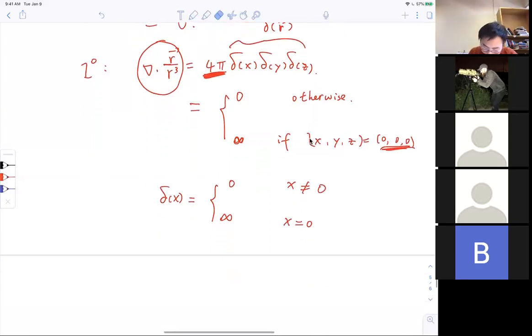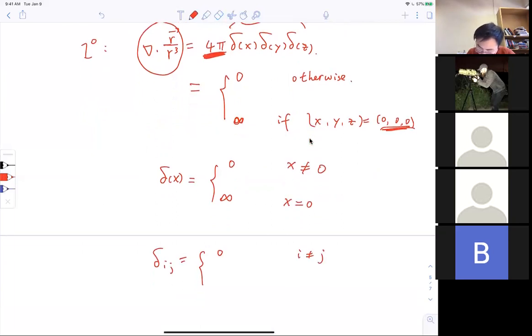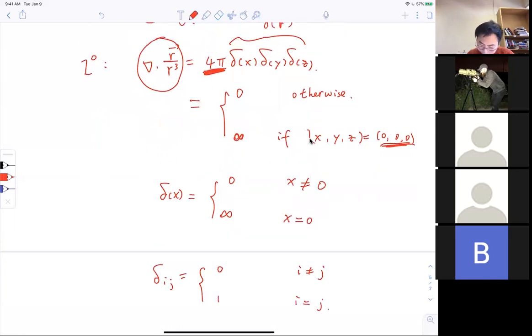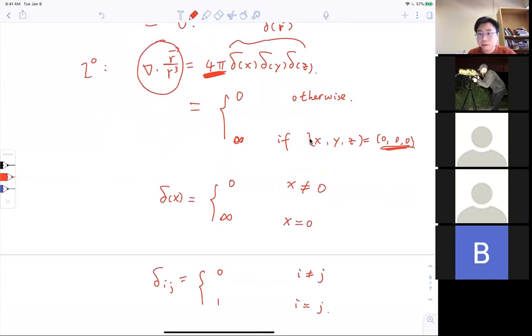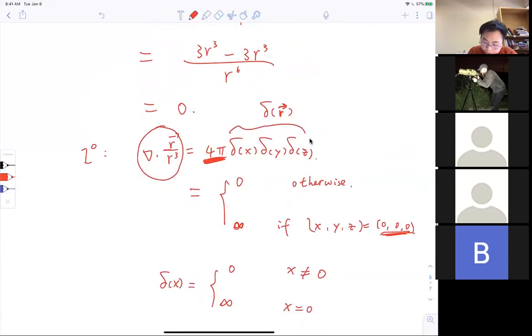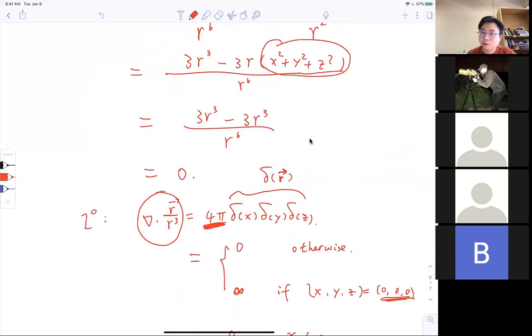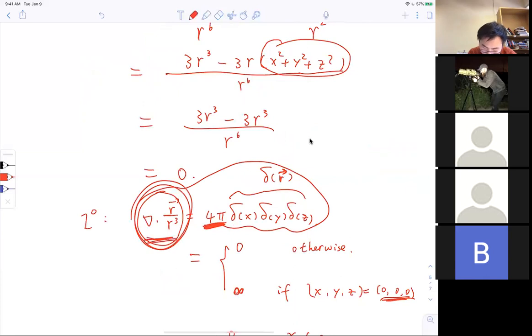Of course, for the delta function delta ij, it is 0 if i is not equal to j and 1 if i equals j. And that's just a correction factor for singularities. So to fix this kind of problem, you need to put that function into this del E by hand.